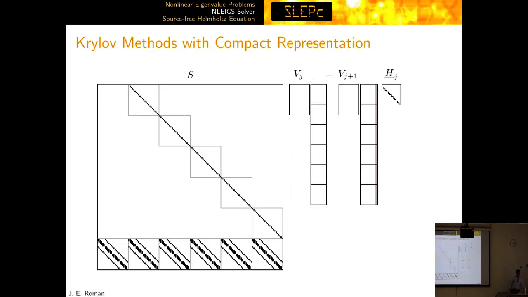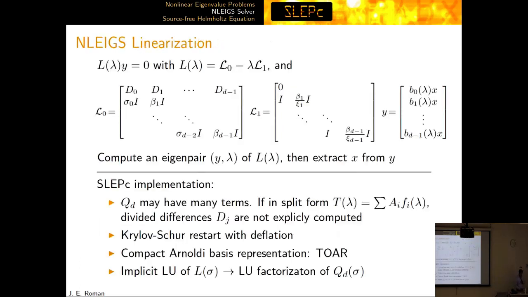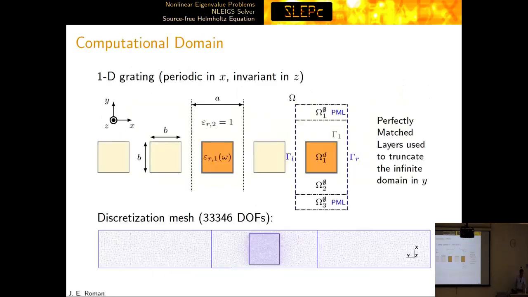This representation of the Krylov basis, we have it both in the polynomial solver and in the NLEIGS solver. So this is the same for the two. And I think it was on the slide before. Here? It was when you said that the NEP was the best, but I think it's because the polynomial reformulation is more expensive. Yeah. So it's in this application, yes.